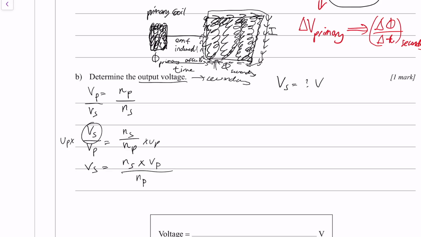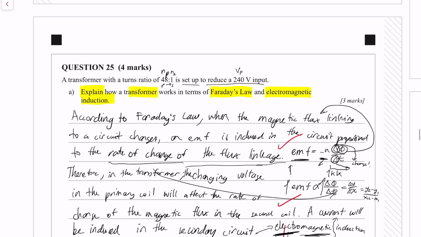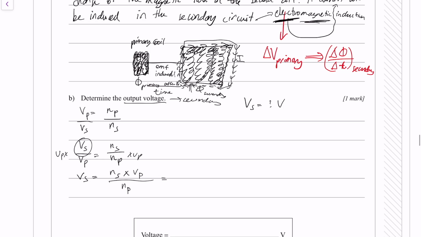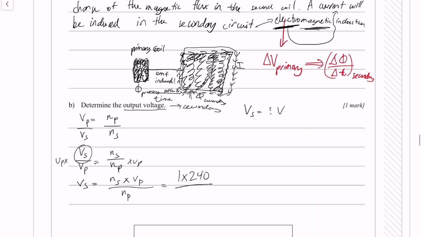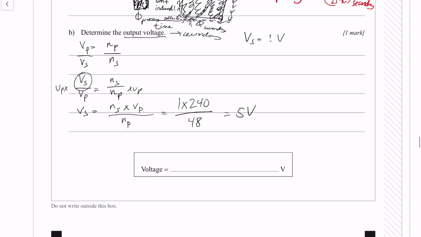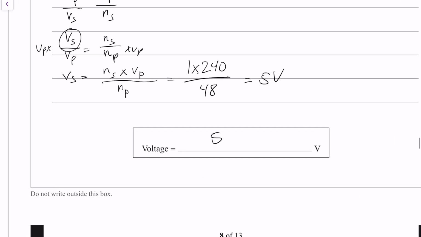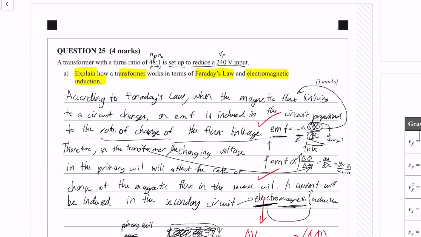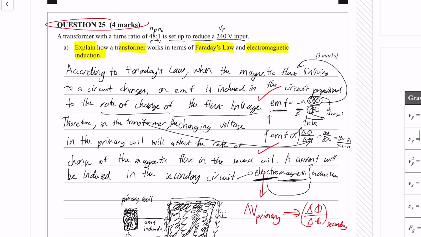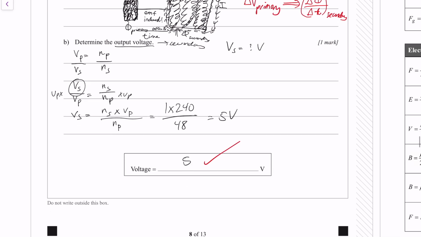Okay, I just substitute my values now because I know them. It's going to be 1 times 240 over 48, and that gives me 5 volts. Okay, so that's my answer there, 5, and that's my 1 mark there. So that's a total of 4 marks, full marks in that question.